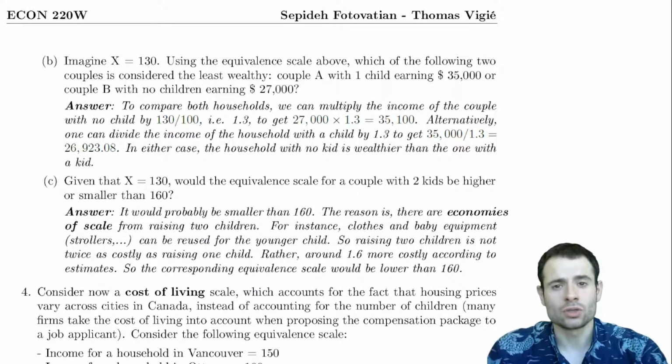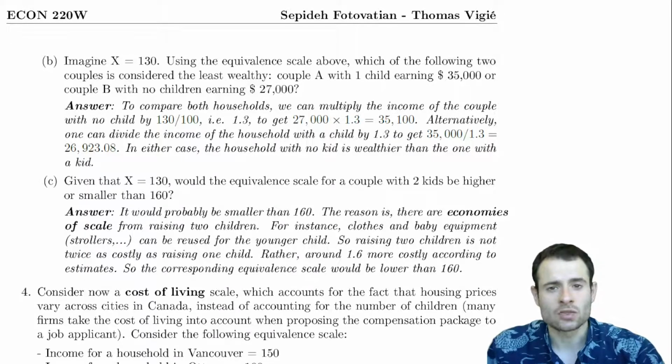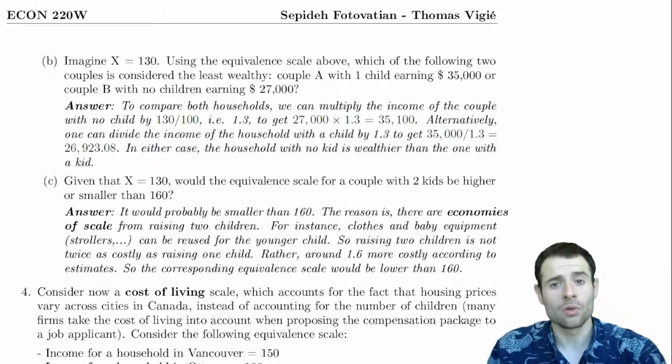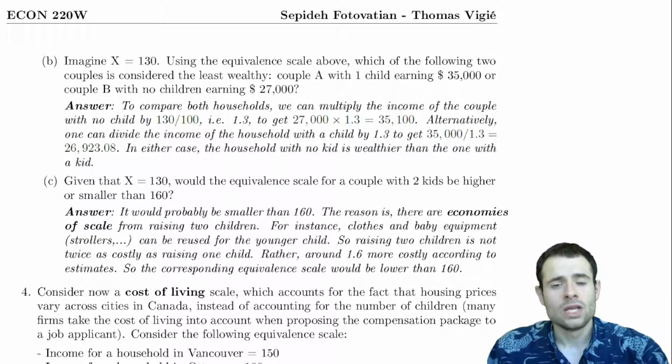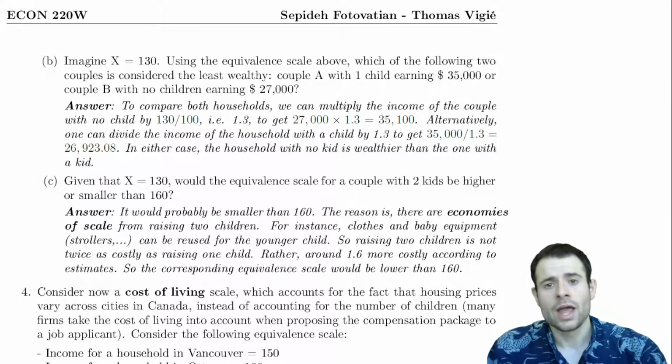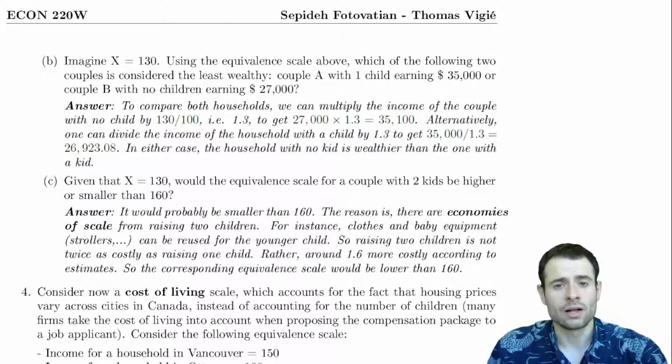Once you buy one stroller, you can use it on the second child as well. You don't need to buy a second stroller. Same with clothes. Once the first child is big enough, he won't be able to wear his old clothes. Those clothes can be kept and used on the second child.